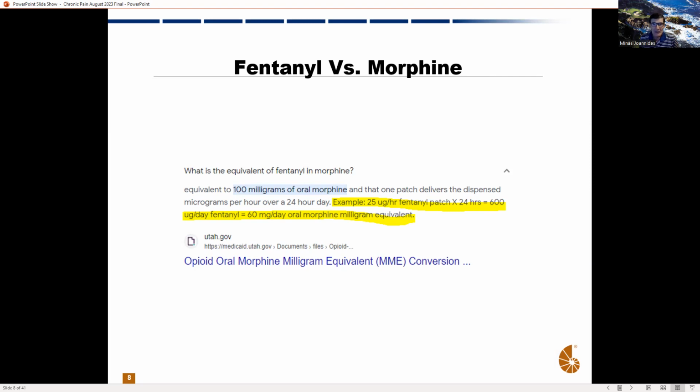And later we're going to talk about the opioid oral morphine milligram equivalent, which is MME. And for the drugs we're going to talk about today, we're going to show you how you can convert whatever drug you're speaking of into a morphine milligram equivalent as a standard. So fentanyl, like a fentanyl patch, which can be left on for 24 hours, is a powerful drug.